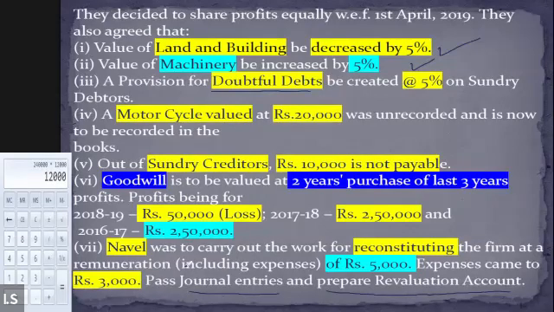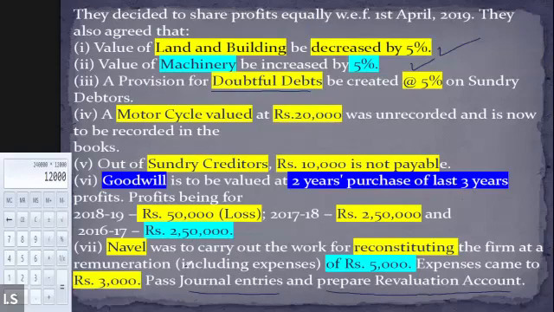Aman, is this clear to you or not? Shall I repeat this? Yes, sir. The value of the motorcycle remained unrecorded in the balance sheet, so we will be showing it in the books of account in the next fiscal year.